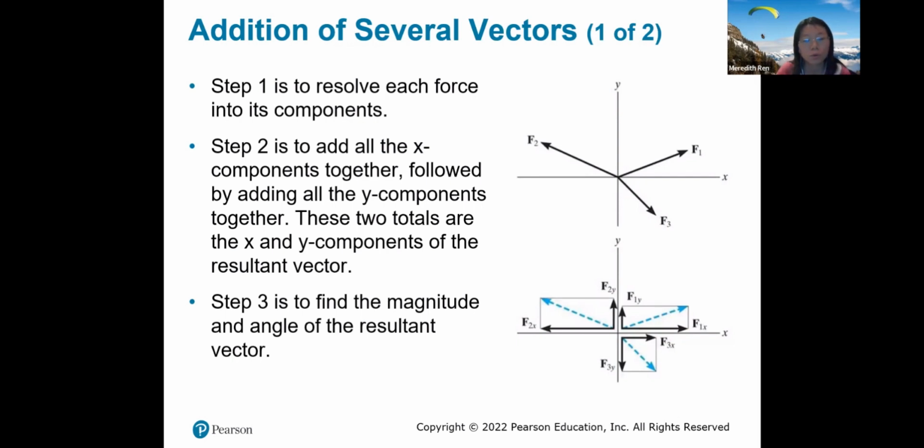What we do, first step, every single one of the force vectors, F1, F2, and F3, we are going to break into the horizontal component and the vertical component. So in other words, let's look at F1 only. We're breaking F1 into F1x and F1y, horizontal component and vertical component.